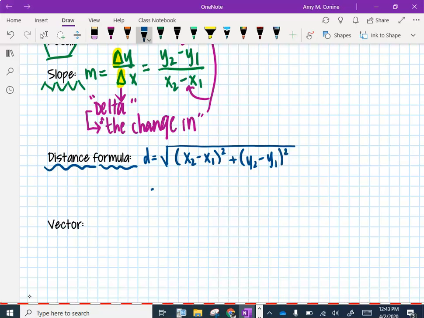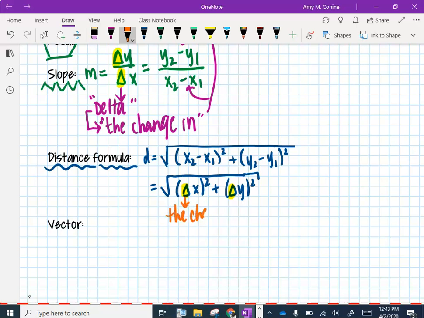But what that really means is you have the square root still, but what you're really doing is taking the change in x and squaring it, and taking the change in y and squaring it. And that's something we're going to do in our vector unit. That's where the change in comes from.